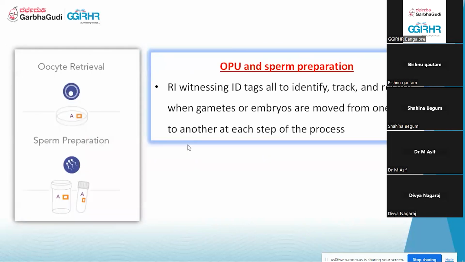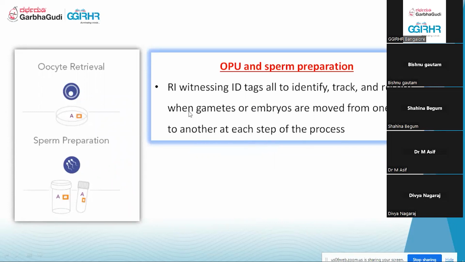Now, second, how it works. During OPU and the sperm preparation, the RI Witness ID tags can identify, track, and record when the gametes and embryos are moved from one dish to another at each step of the process.